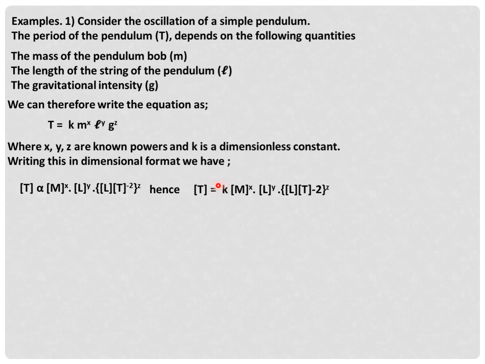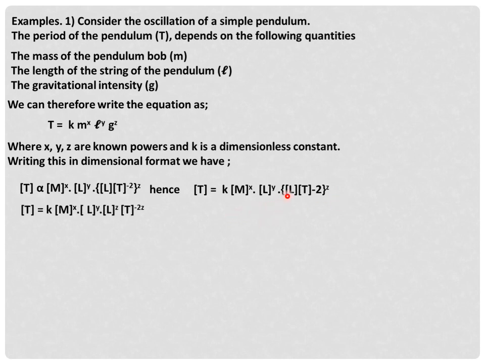This constant is introduced when we are converting a proportionality sign to an equal to sign. So this is the mass, the length, and the acceleration.